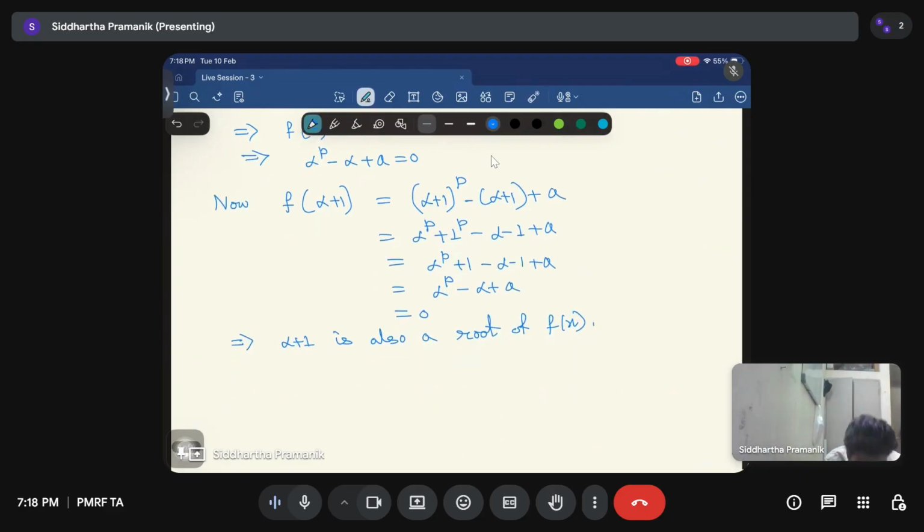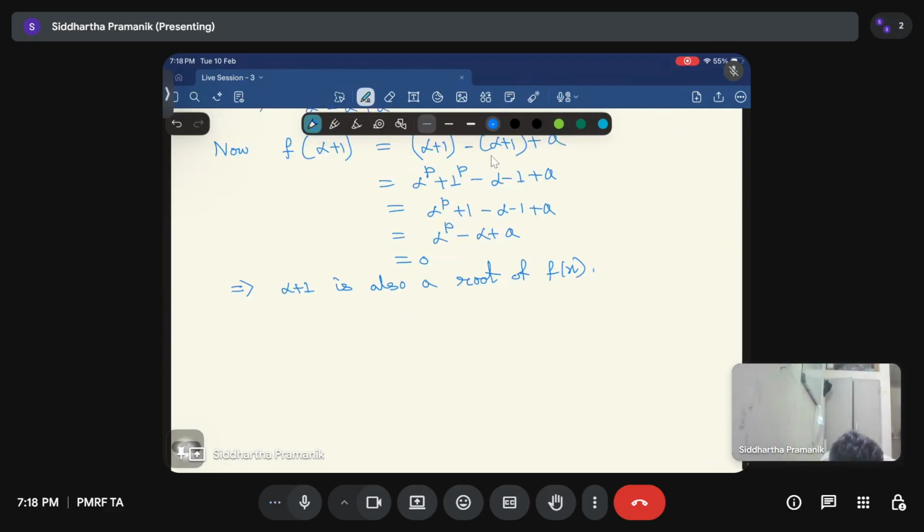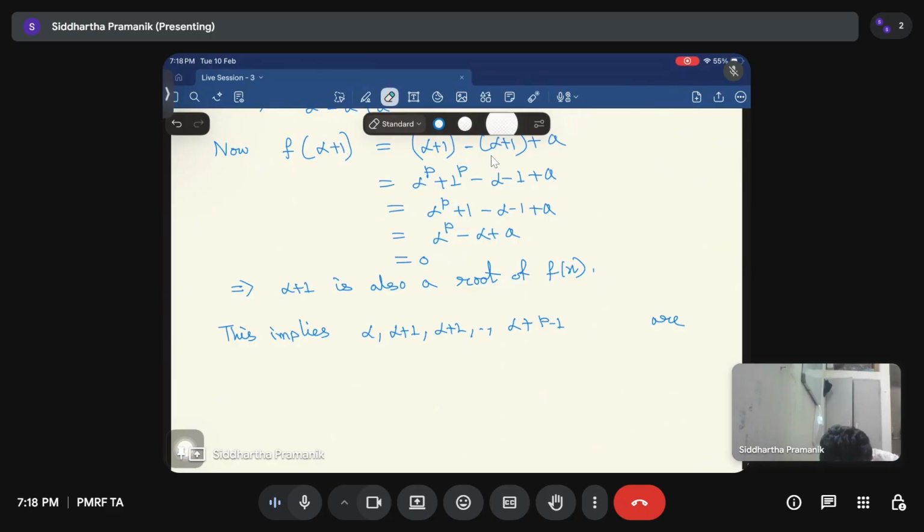So if we repeat this argument, then what will we get? This implies alpha, alpha plus 1, alpha plus 2, up to alpha plus p minus 1 are roots of f(x).